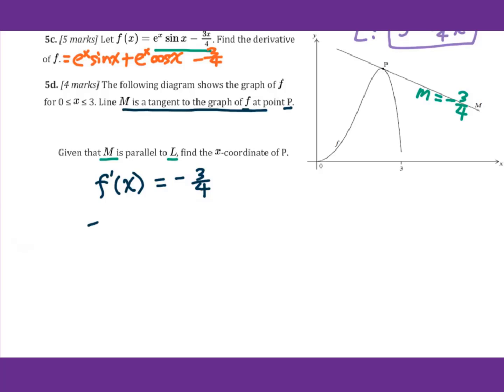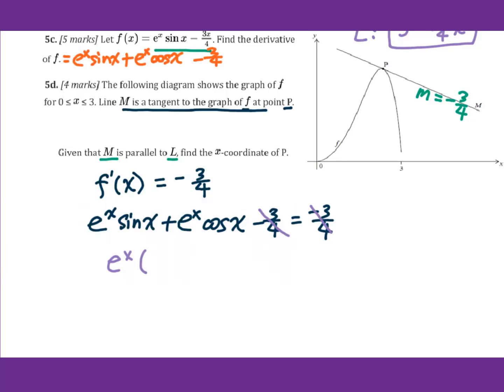Now I will plug in f prime of x, that is e to the x power sine x plus e to the x power cosine x minus 3 over 4 equals negative 3 over 4. Cancel this, and we do the common factor e to the x power: e to the x power times (sine x plus cosine x) equals 0.